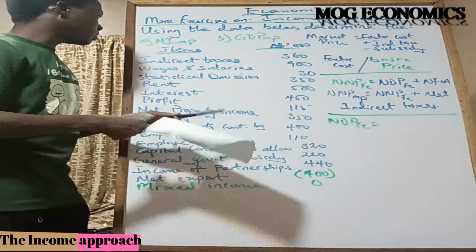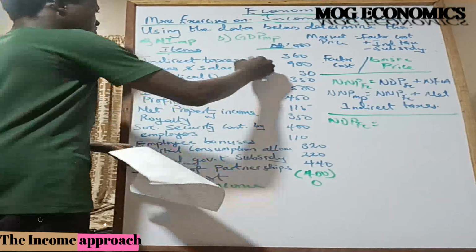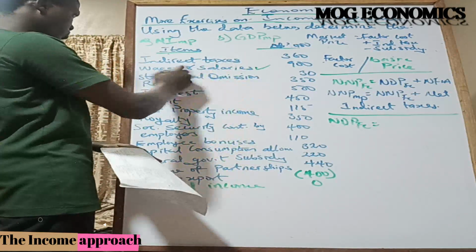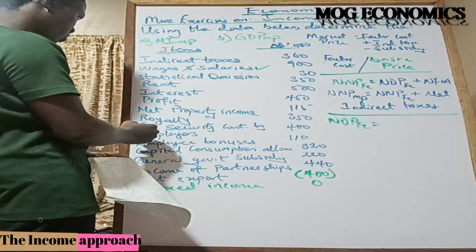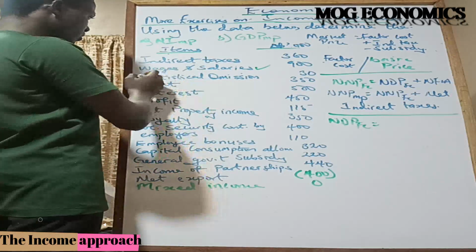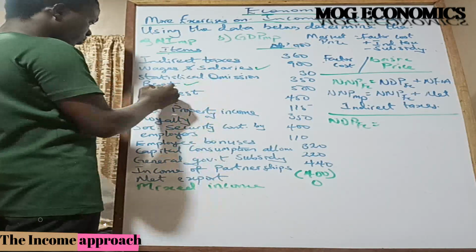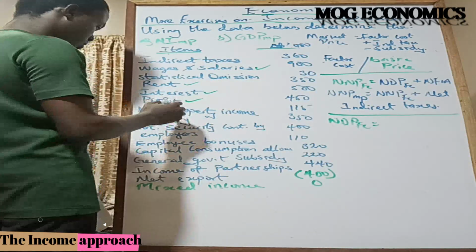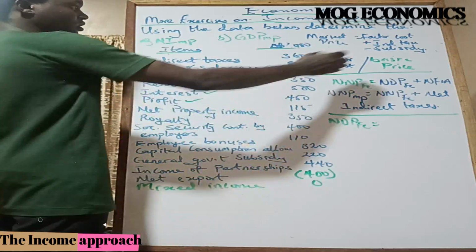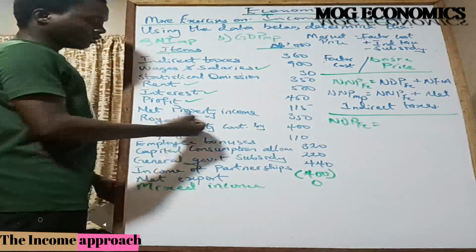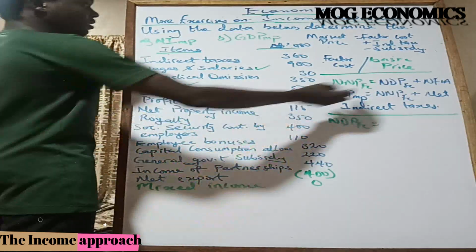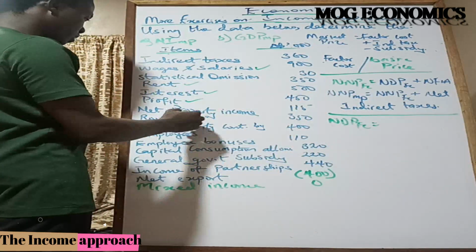So we pick wages and salaries. Rent is an income, interest is an income, profit is an income. Net property income is the NFIA, net income from abroad, that's NFI, so we are not adding that here because we want to get NDP at factor cost.